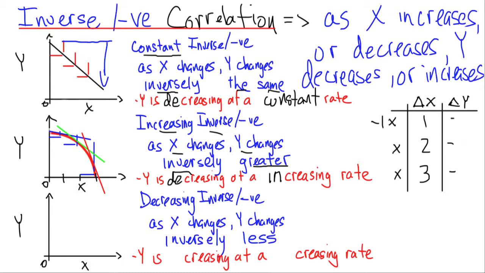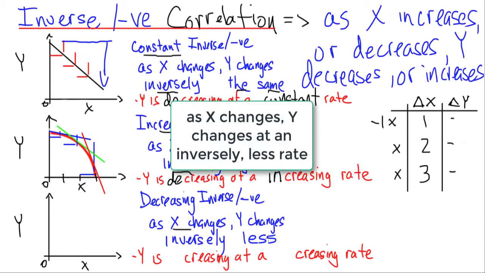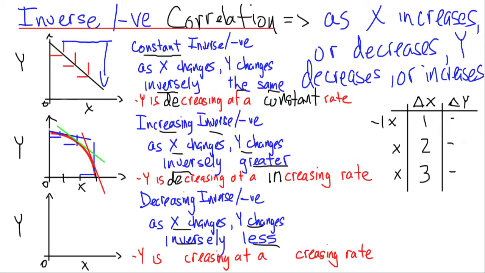Our last correlation is the decreasing inverse, or negative correlation. Here, as x changes, y changes inversely, but at a lower rate. How do we show this in tabular form? Well, if we start out at a 1-to-1 proportional change, x changes by 1, therefore y changes by -1.